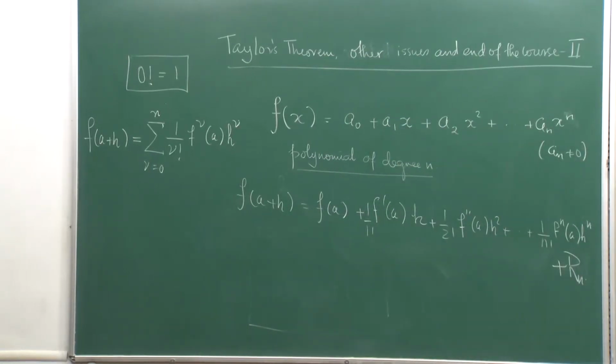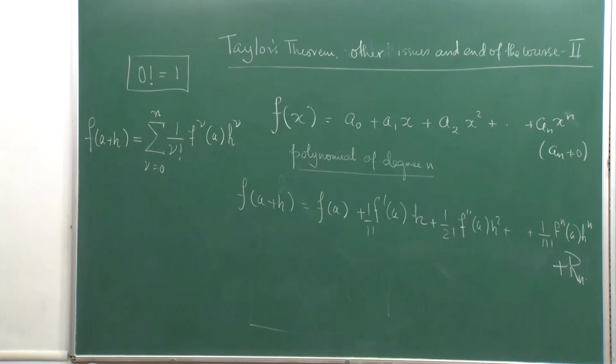This remainder term is an idea that we have to take from the last lecture: a function which is not a polynomial, 1 by 1 minus x is not a polynomial, but it could be approximated by the polynomial Sn plus Rn, a remainder term which vanishes as n goes to infinity. That is the key idea.